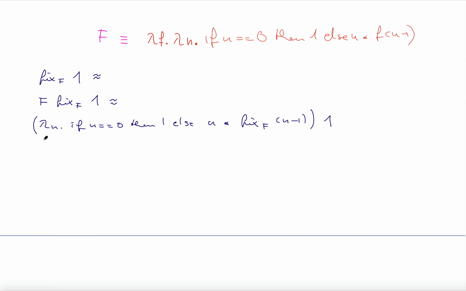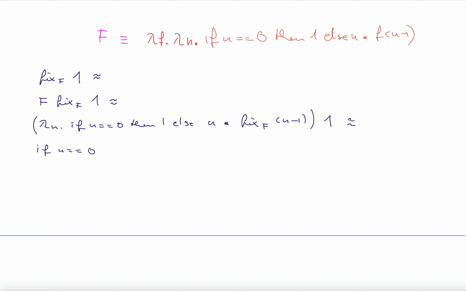Here again we have a variable and an argument, so we can do beta reduction. So let's do another beta reduction.